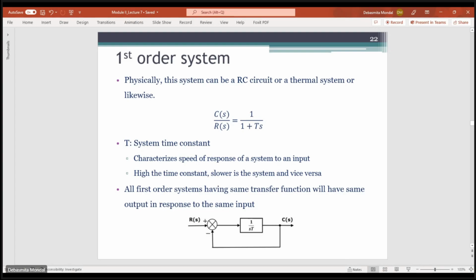If you have a lower time constant, the system will be very fast acting, and it will respond very fast to the input that you have provided. All these first order systems will have the same output in response to the same input that you are providing.